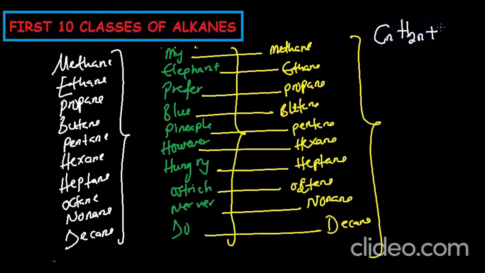In this case, our n represents the number of carbon atoms in the alkane molecule. CnH2n+2 indicates that each carbon atom forms 4 single bonds with other atoms, and there are 2 additional hydrogen atoms for each carbon atom.